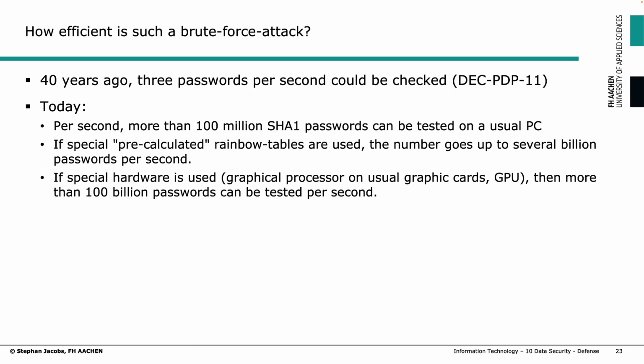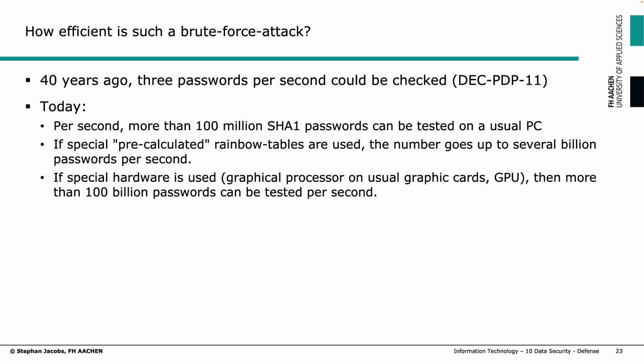So again, how efficient is such a brute force attack? 40 years ago, 3 passwords could be checked on, for example, a DEC PDP-11. Today, per second, more than 100 million SHA-1 passwords can be tested on a usual PC. And if you have some special means like rainbow tables, you can go up to several billion passwords per second.